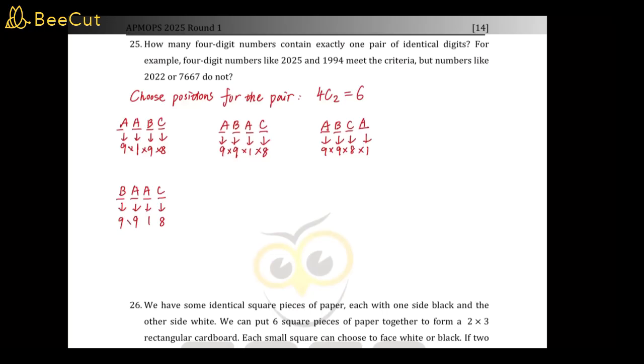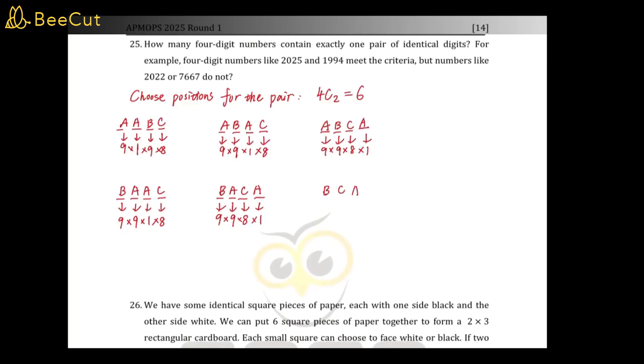And C is 8 ways, C is different from both A and B. And we can also have BACA. B is 9 ways. Now A is different from B, so 10 minus 1, 9 ways. C is different from both A and B, 10 minus 2, 8 ways. Second A is the same, 1 way. It is 9 times 9 times 8.